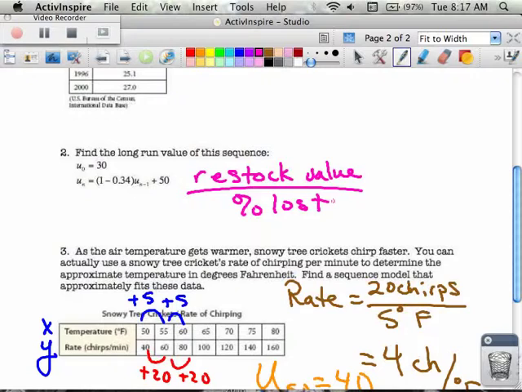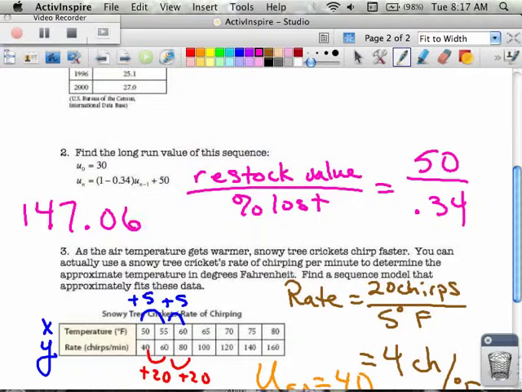So in this particular case, the restock value is, I'm adding on 50, so you take 50, and I'm taking away 34% each time, so I divide by 0.34, and whatever number that turns out to be, 147.06. This is your long range value, or the limit that we talked about yesterday.